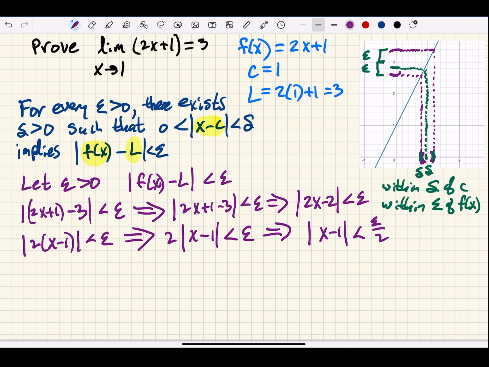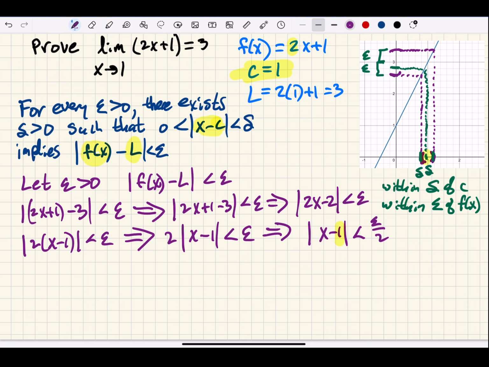Now let's stop for a second and think about why we just did what we did. Remember that our c value is 1. That is this one here on the x-axis. Now the slope of this line is 2. So it makes sense that our interval down here on the x-axis, in other words, our run, would be half of the interval up here on the y-axis, or the rise, if we think of slope in terms of rise over run.